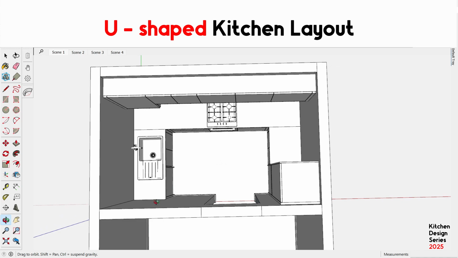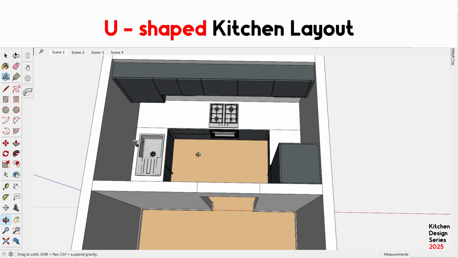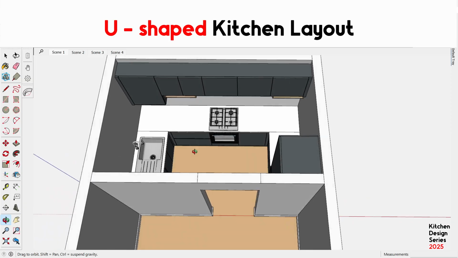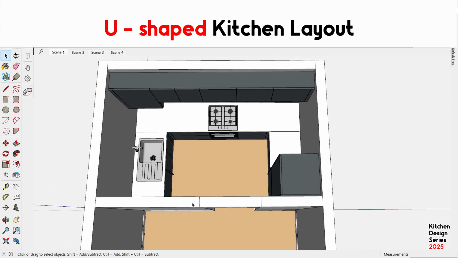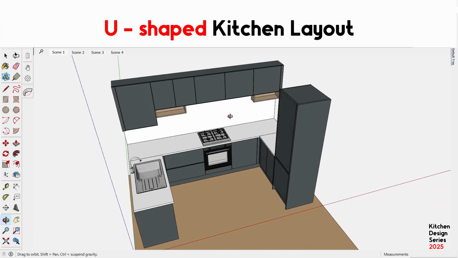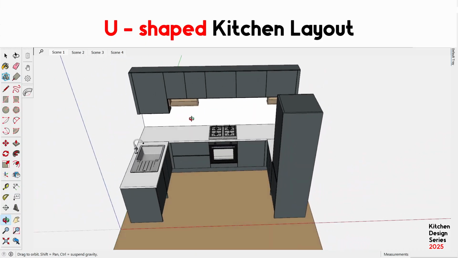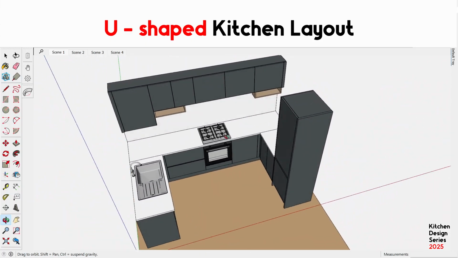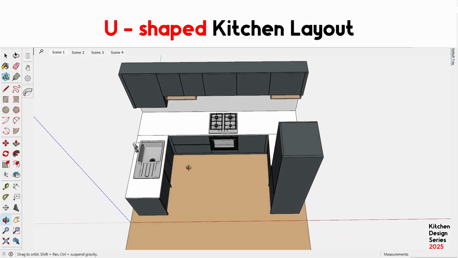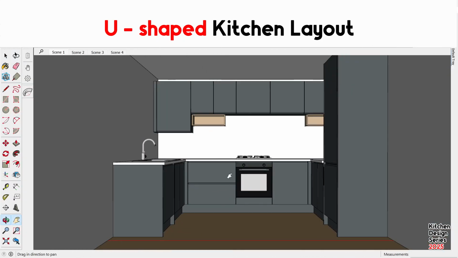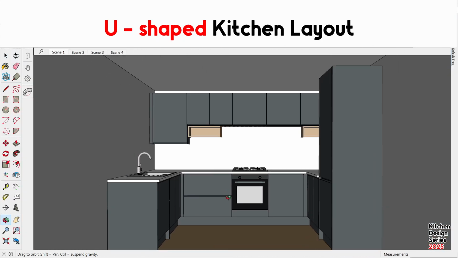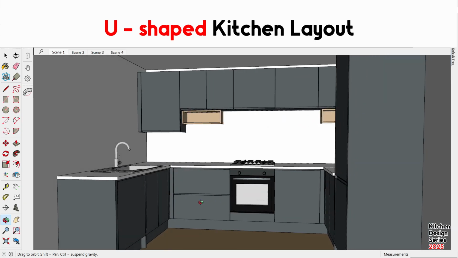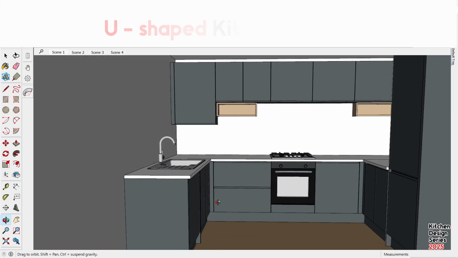When you want to do your home cooking and baking, a U-shaped layout is usually a perfect idea for those that love cooking. One thing about the U-shaped layout is it requires a bigger footprint and can sometimes feel enclosed if it's not well planned and not balanced with proper lighting and openings. That's the U-shaped layout.